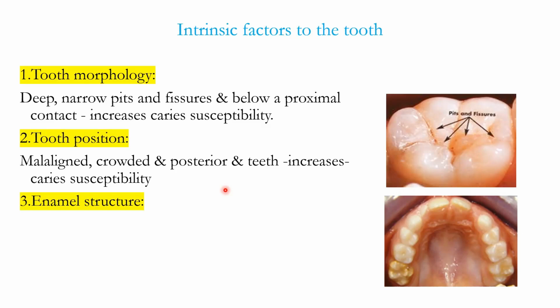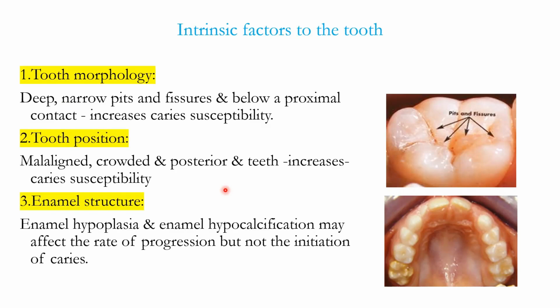The next factor is the tooth position. If the teeth are in normal occlusion and if they're perfectly aligned, there is less chance of occurrence of caries, whereas when the teeth are malaligned and if it is crowded, then it increases the incidence of caries. The third factor is the enamel structure itself.